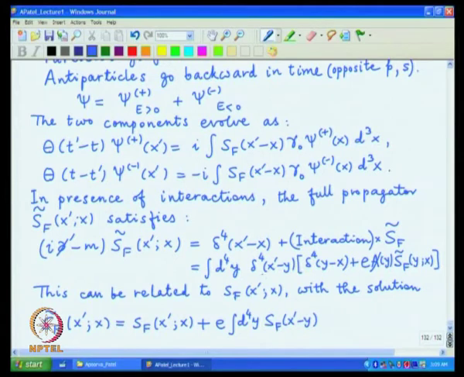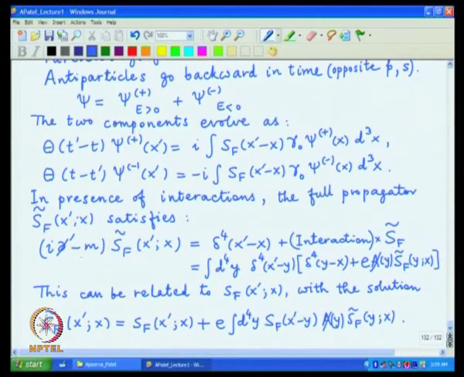We have this delta 4 x prime minus y converted to S f of x prime minus y. The remaining stuff is already in the correct form, and this is the formal result.